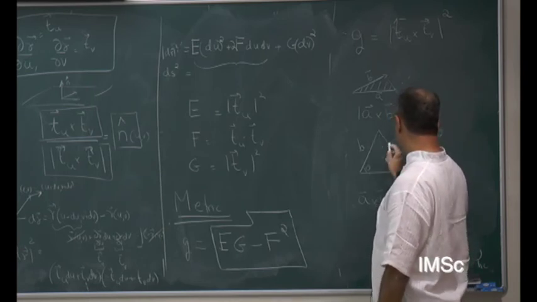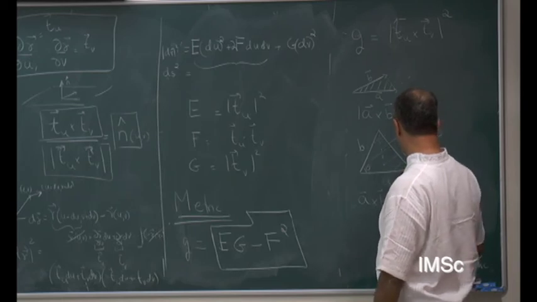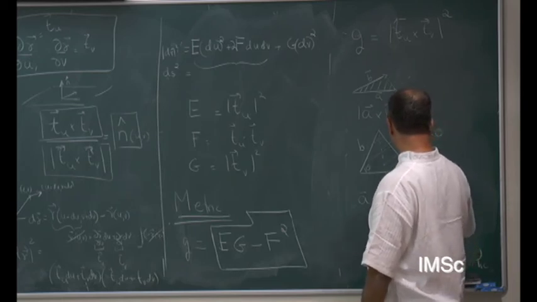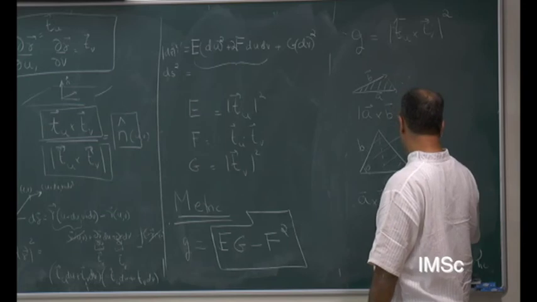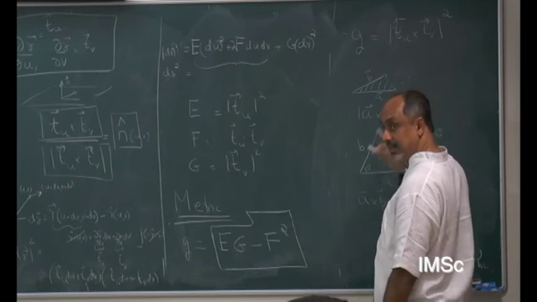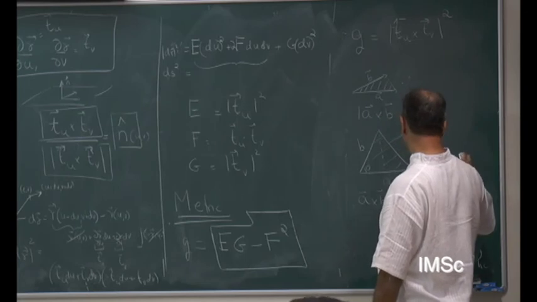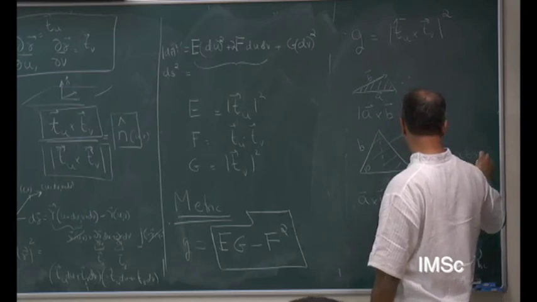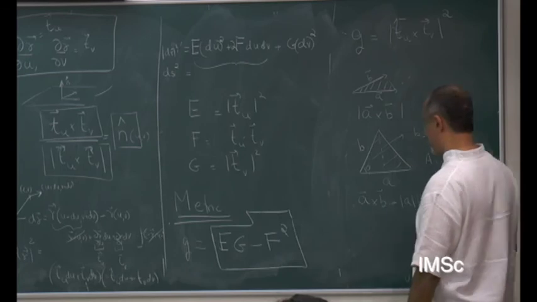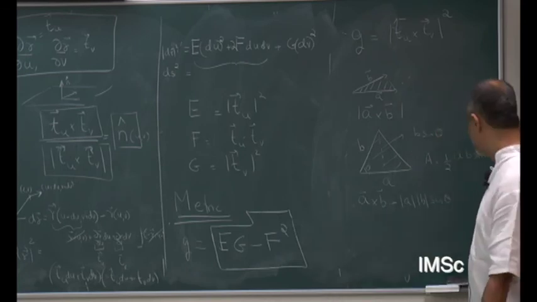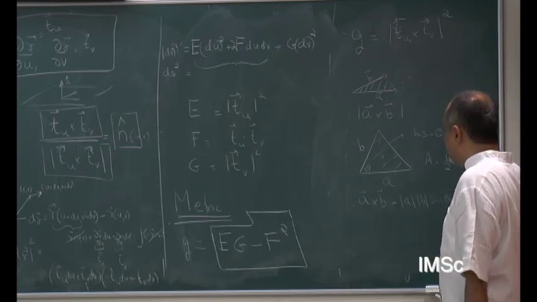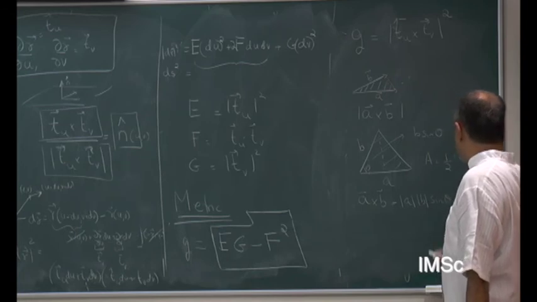So the area of this triangle here is 1/2 times the base times the height. So that is 1/2 times A times B sine theta. That's the area of the full triangle. And I'm just trying to see how to relate that to what I had just here.